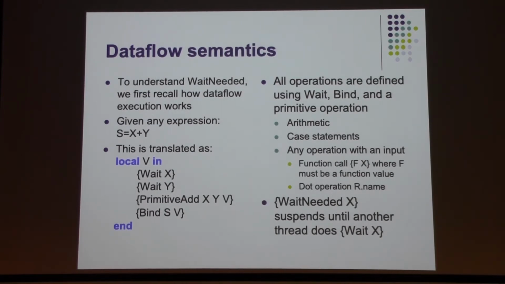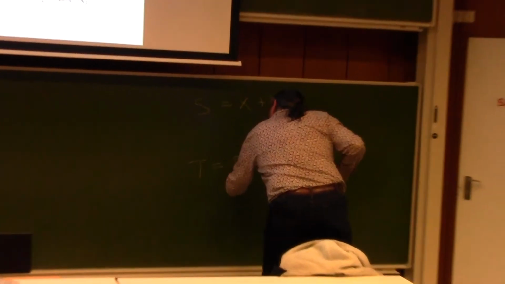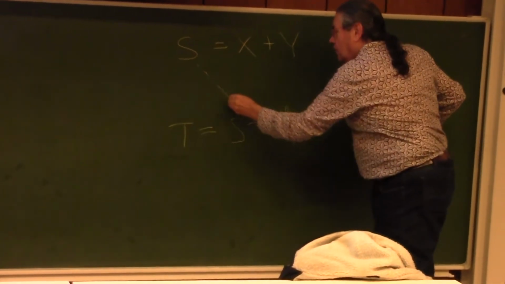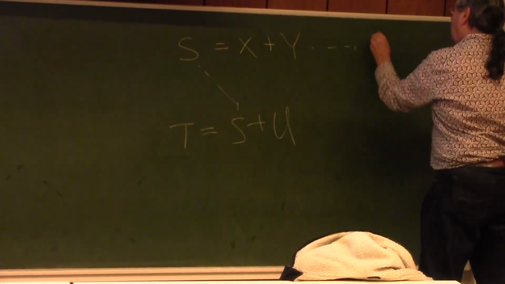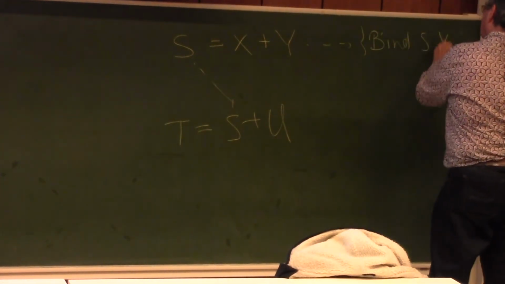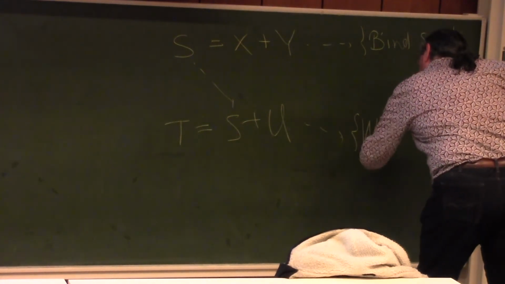So if I do s equal x plus y, and then I do t equal s plus u, where this one needs the s, this one will do a bind of s, but this one will do a wait. It will wait for s.